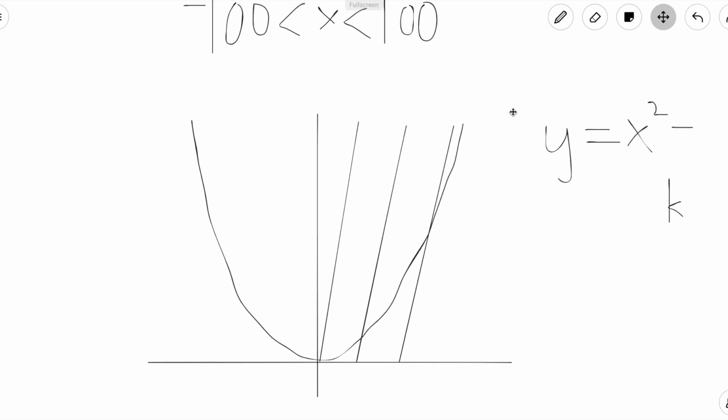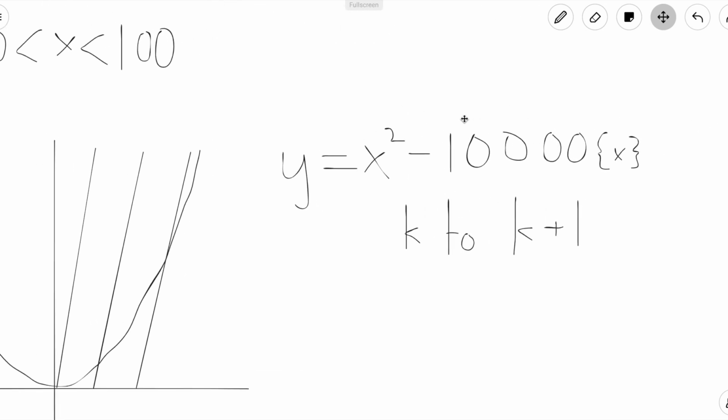So now, let's consider the graph of y equals x squared minus 10,000 times the fractional part of x for some value k to k plus 1, where k is an integer. And let's also let k be between negative 100 and 100. So if that's the case, that means that x squared is less than 10,000.